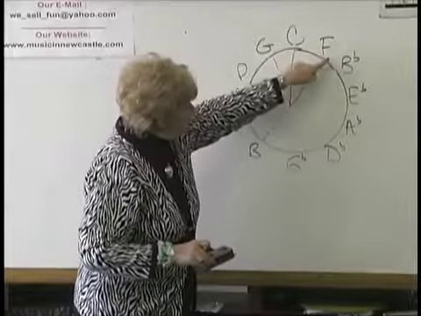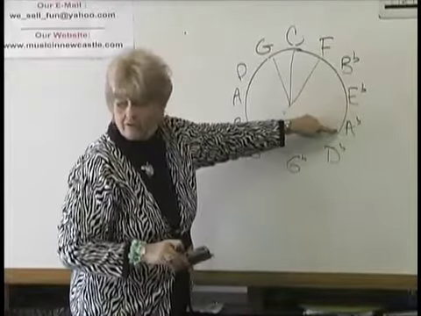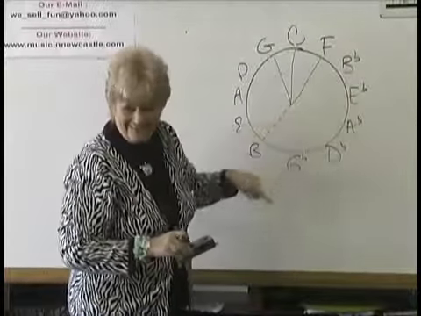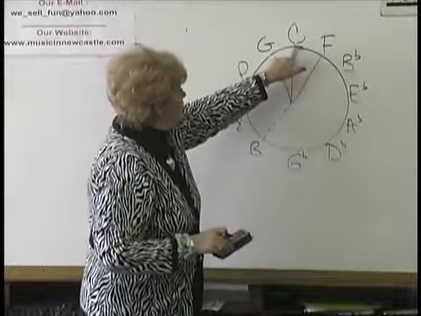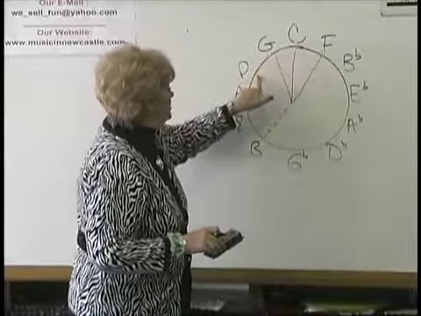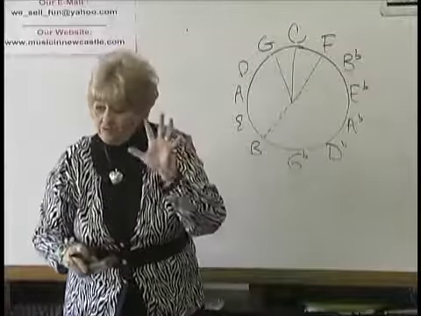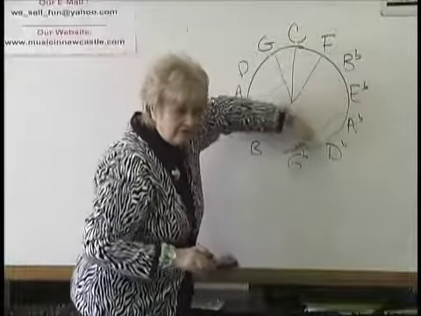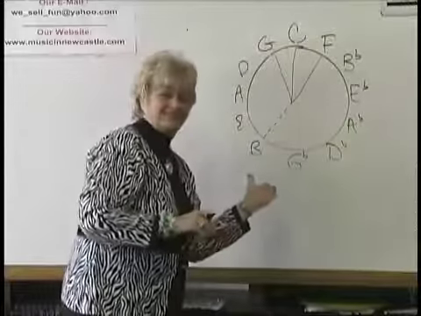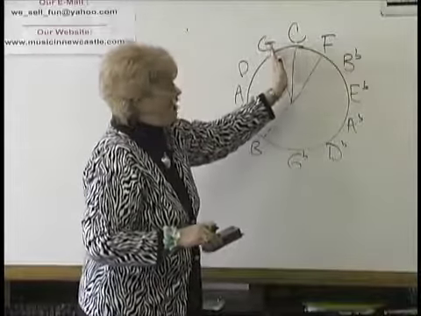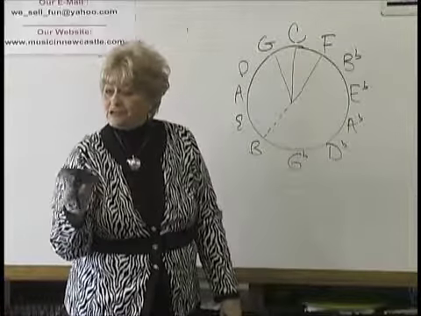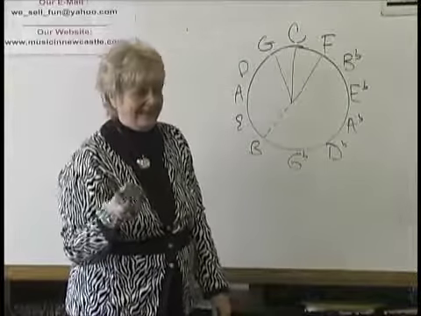All these notes are 4 notes apart. When I go like this, you're supposed to go like that too. All the notes to the left are 5 notes apart. Circle of fourths, circle of fifths. Okay? 1, 4, 5. Remember, those are the 3 major chords in any key.